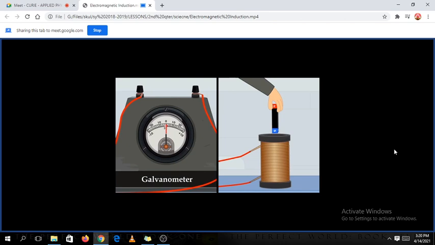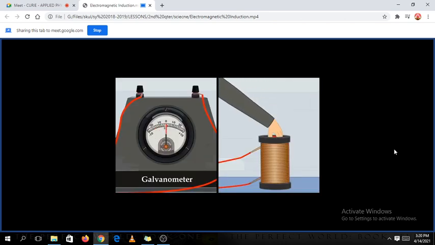This happens when it reverses the polarity of the magnet.